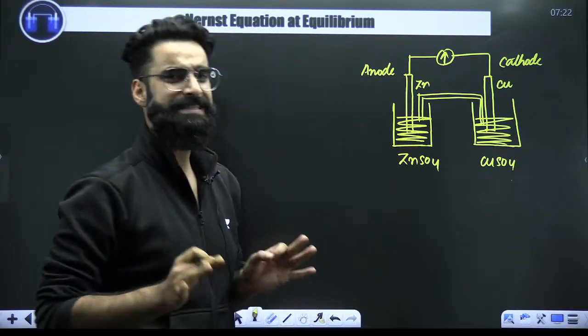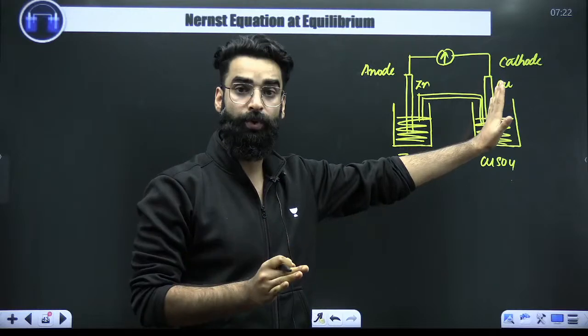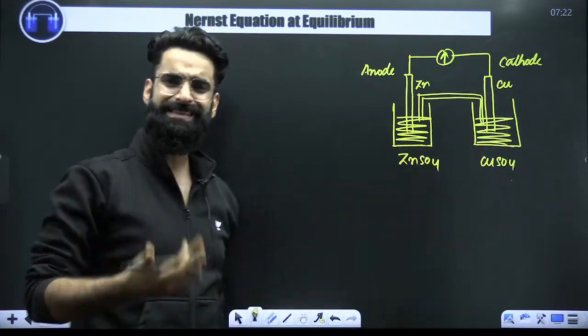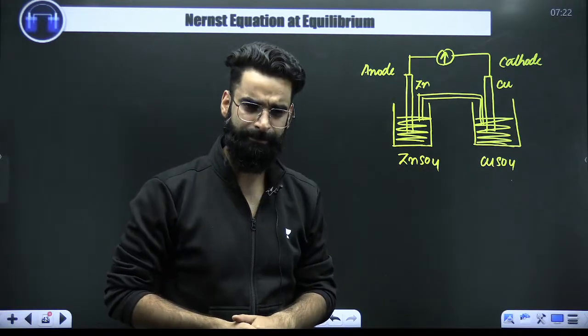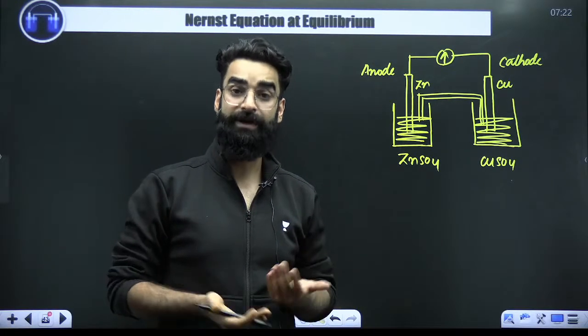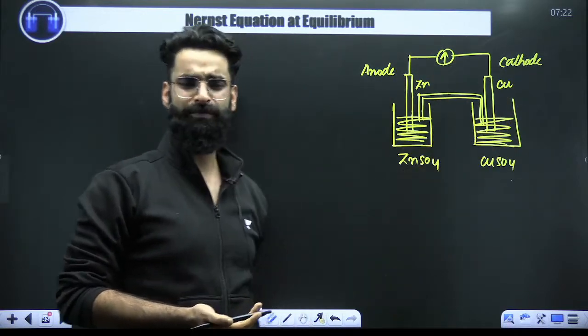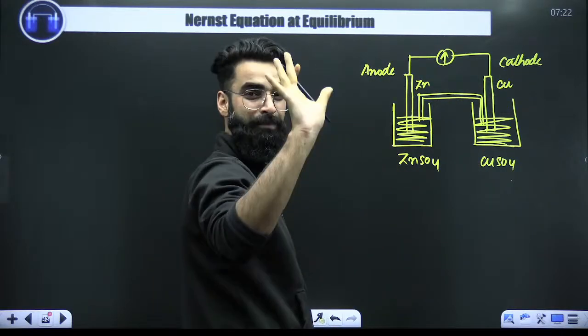Now guys, tell me one thing. For the copper electrode to behave like the cathode, can I say SRP of copper should be more than that of SRP of zinc? Because at cathode, reduction takes place. Absolutely. Imagine that I'm giving you arbitrary numbers.